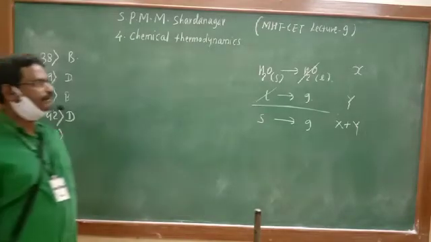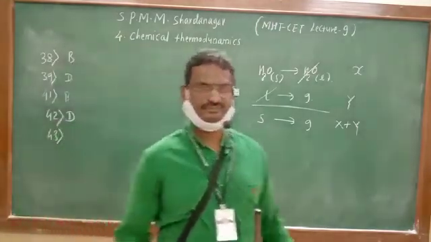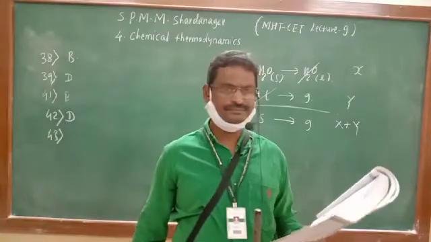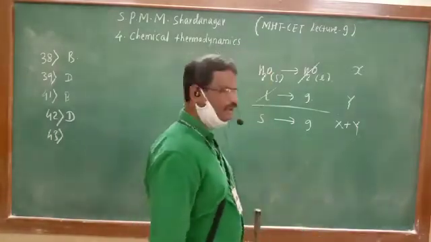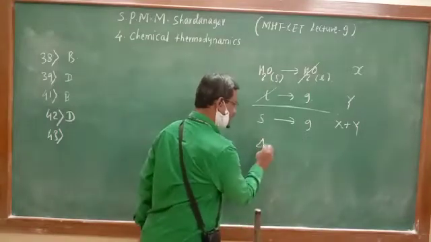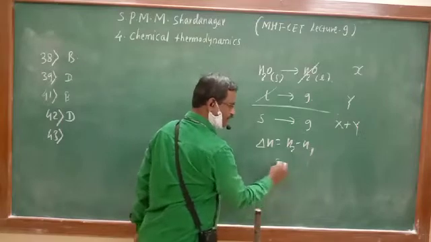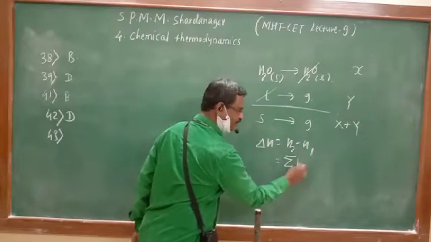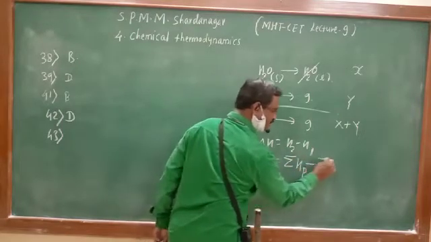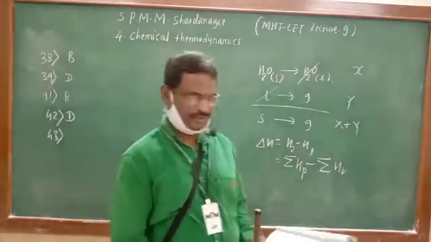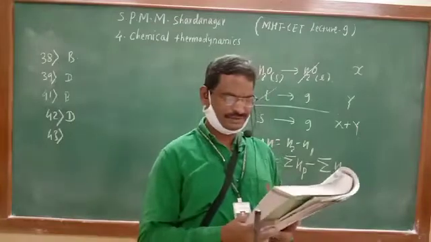Heat of reaction is given by which of the following equations? How have we calculated heat of reaction? Delta H is equal to H2 minus H1, that is summation of enthalpy of product minus summation of enthalpy of the reactant. So let us see the 4 options.